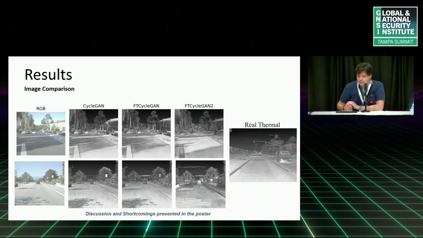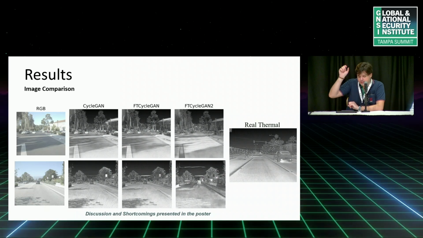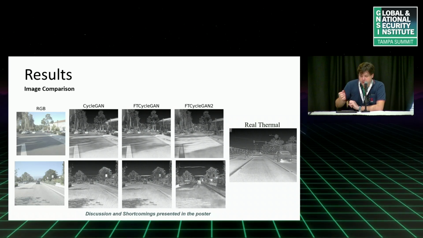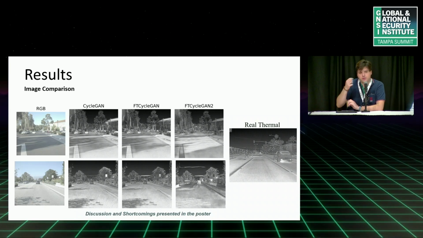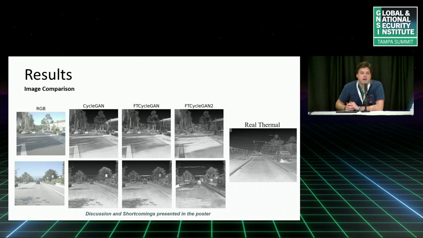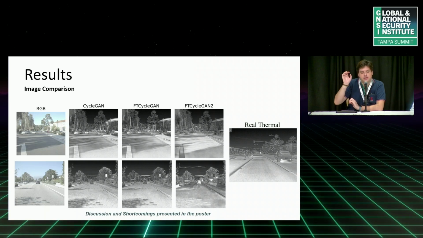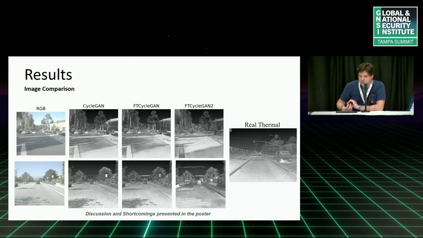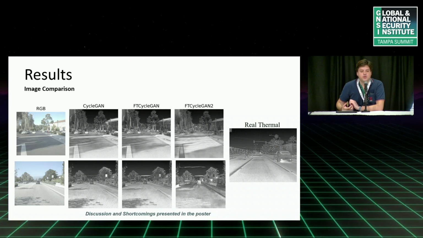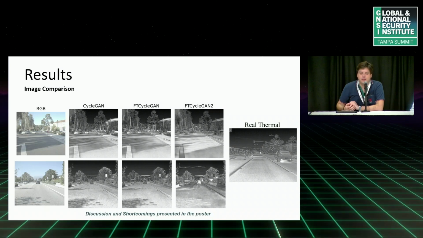That's pretty complex for the translation, but you can see in the last column a real thermal image that is showing underneath the car a higher temperature. Usually that is where the pipes go, so all the metal obviously has a higher temperature. And you can see the same features in the FT-CycleGAN 2 column, as opposed to CycleGAN itself and FT-CycleGAN, which show just a different colorization of the objects in the pictures.